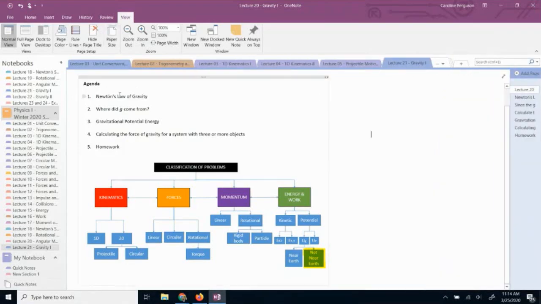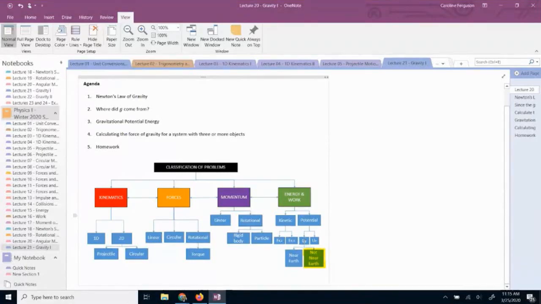So we're going to talk about Newton's law of gravity. We'll talk about where the formula for g, that 9.80 meters per second squared, came from. How can we calculate that, particularly when we're in different locations, not close to the surface of the Earth? And then we're going to talk about gravitational potential energy. We've already talked about gravitational potential energy before when we were near the Earth.